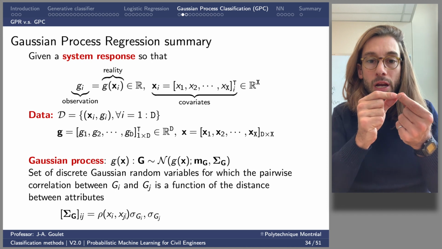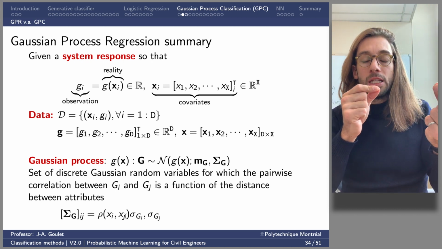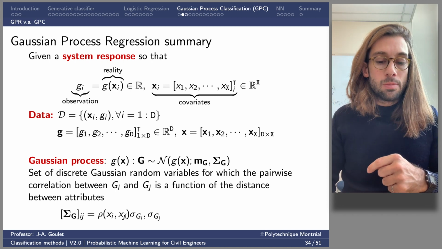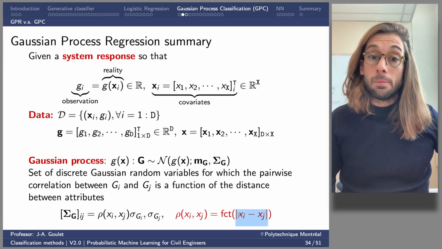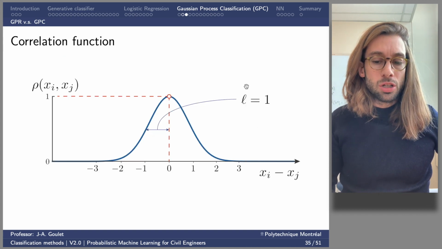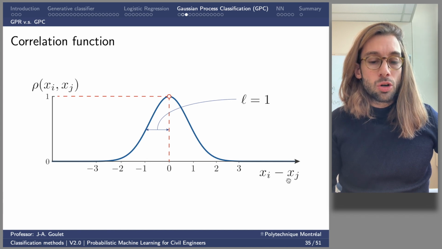And the closer x_i and x_j are, the higher the correlation. The farther apart these two covariates are, the lower the correlation becomes. Okay, so that correlation function is a function of the absolute value of the difference between x_i and x_j. So this is a look at my correlation function. As a function of distance between x_i and x_j, this is the correlation.